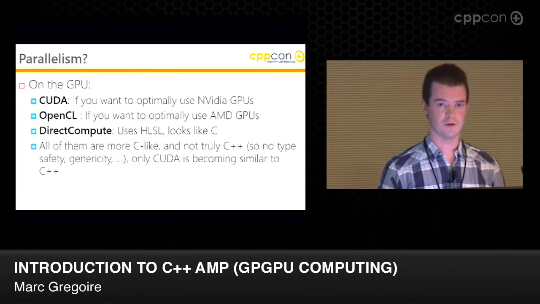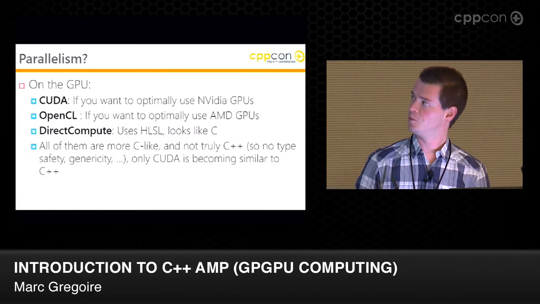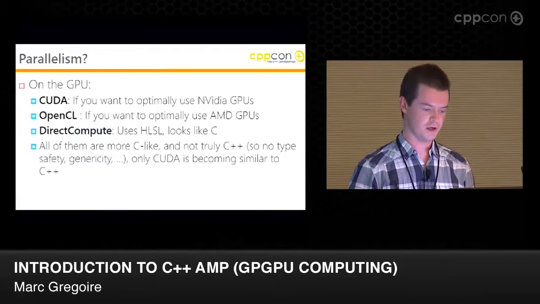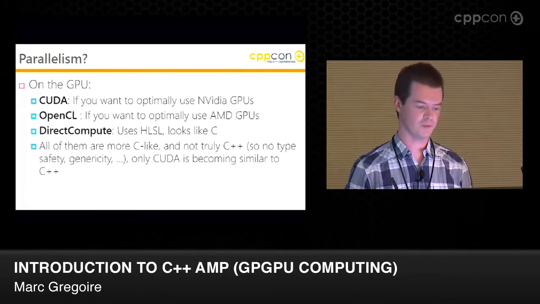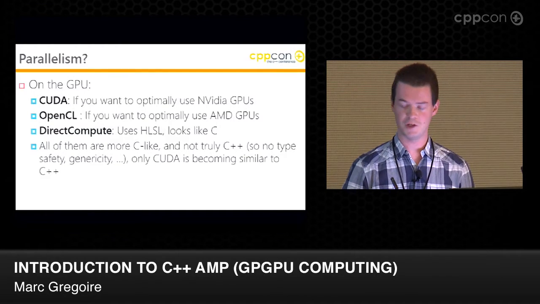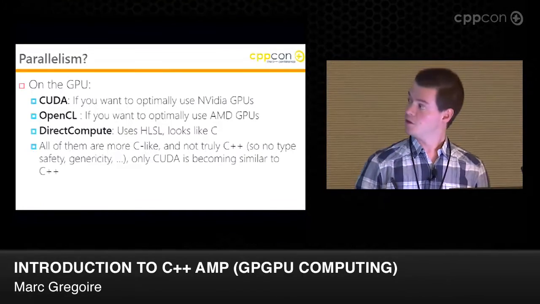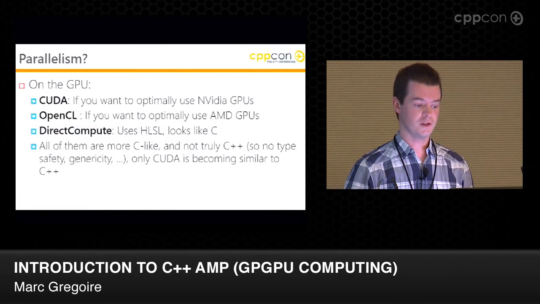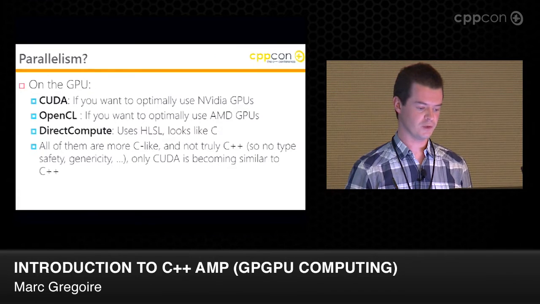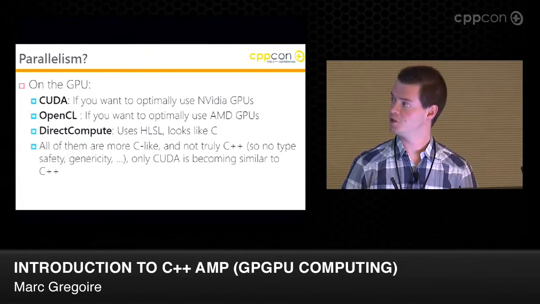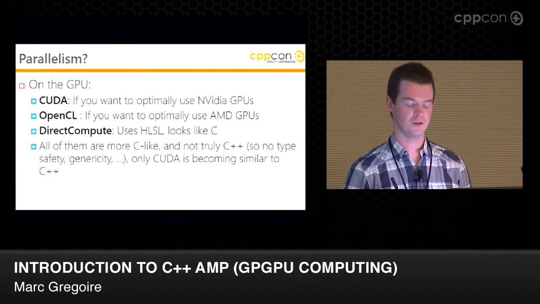You can also use DirectCompute from Microsoft, but that's HLSL, the High-Level Shader Language. It's more like a C language. It's not C++, and we want to use C++. As the last bullet says, all three of them are more like C, so they are not really C++. There is not that much type safety and genericity using templates and so on.